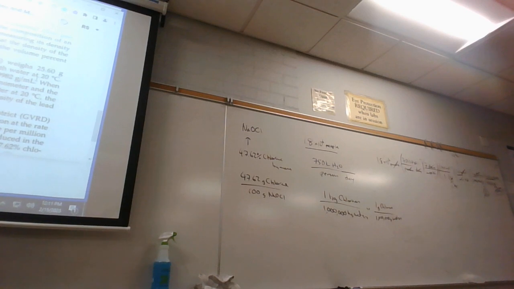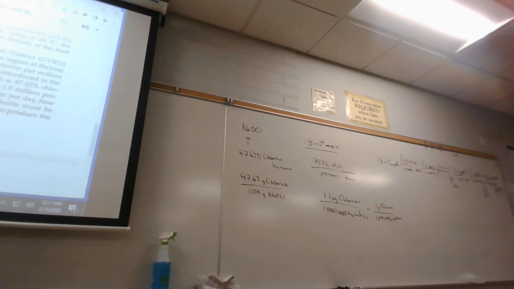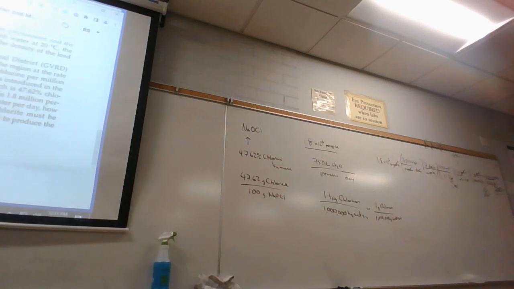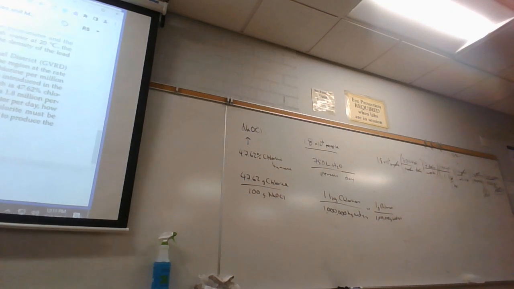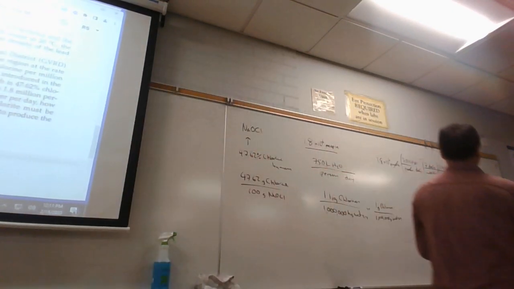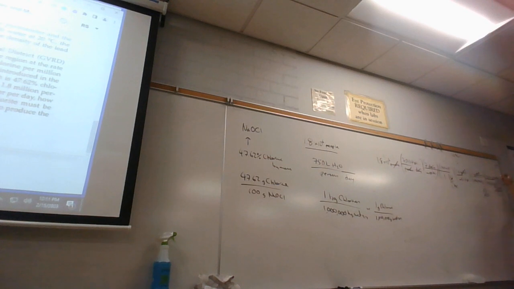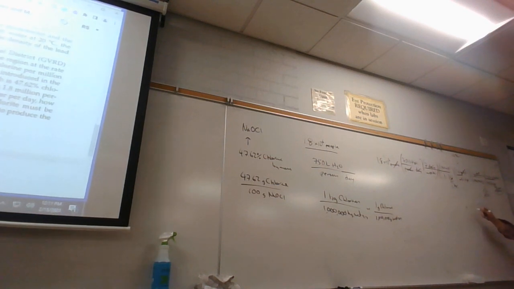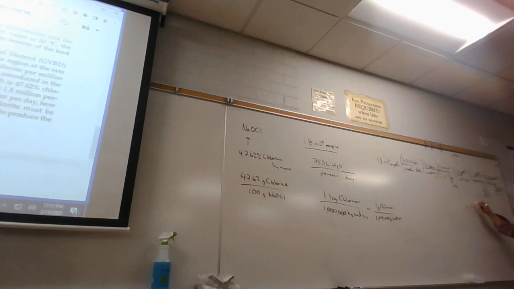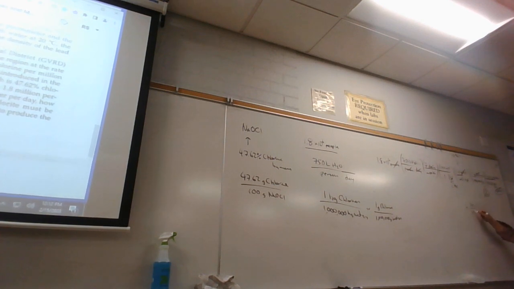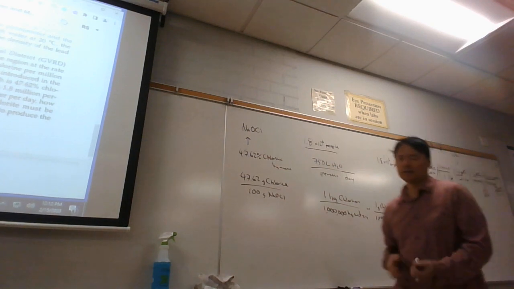What do they want in this particular problem? How many kilograms? They want kilograms of sodium hypochlorite. So we need one more conversion here. We're going to convert grams to kilograms, and 1 kilogram contains 1,000 grams. Okay, then we're done with this problem.